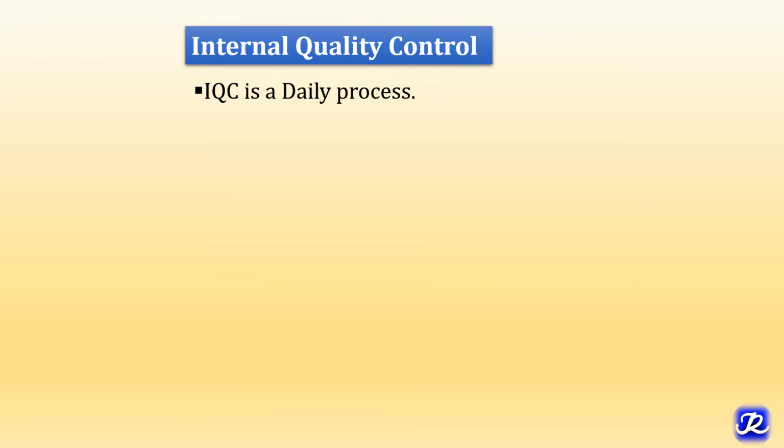The concentration of analyte in the quality control material is known to us, and the quality control material is run before the processing of patient samples, and the result that we get is cross-checked with the result already known to us, and it is done on a daily basis.